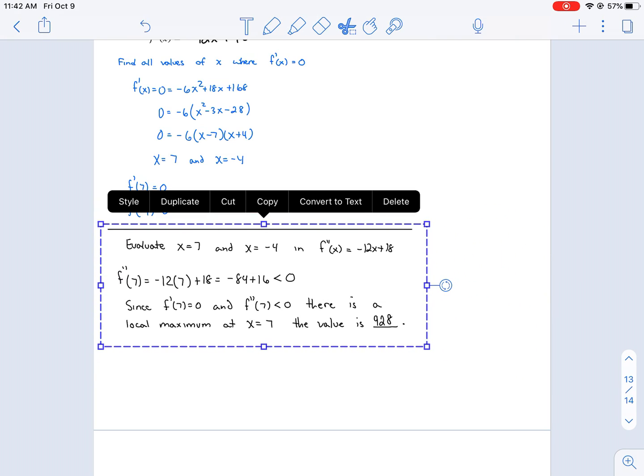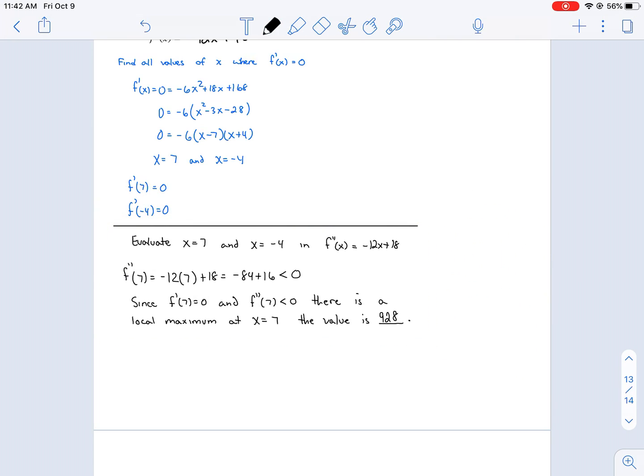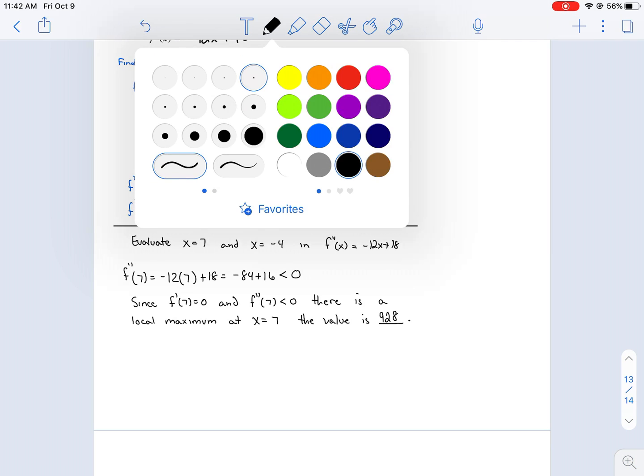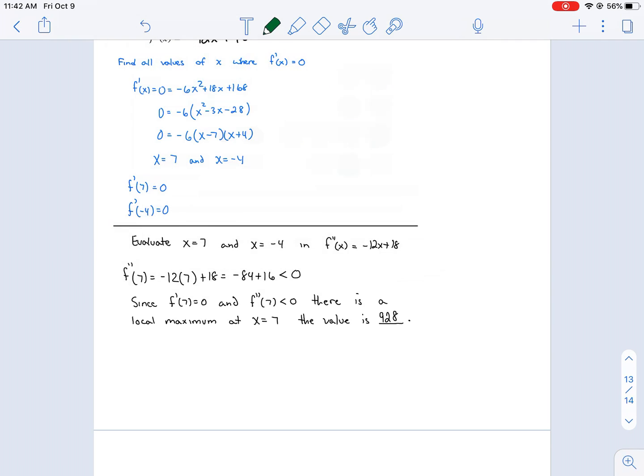Okay. Now to test x is equal to -4. So the second derivative when x is equal to -4 is equal to the following. Oops, that's going to be 48.